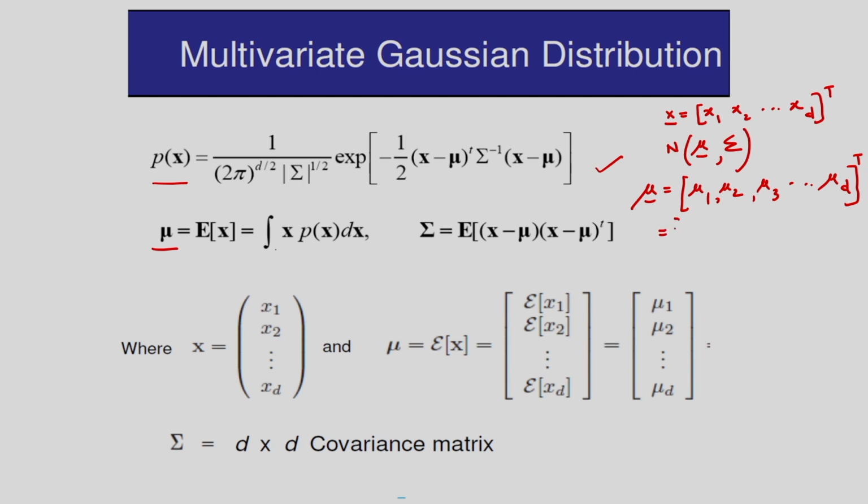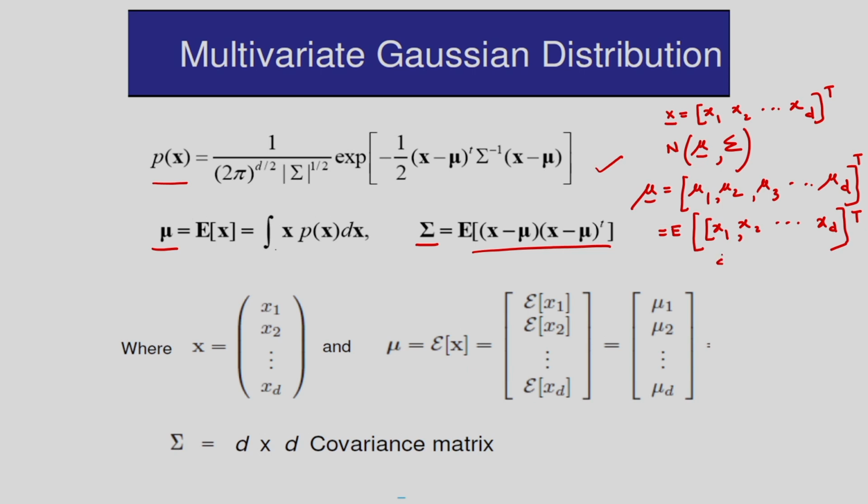That means I can determine the expected value of x. And also I can determine the covariance matrix. So this is my covariance matrix: expected value of x minus mu, times x minus mu transpose.